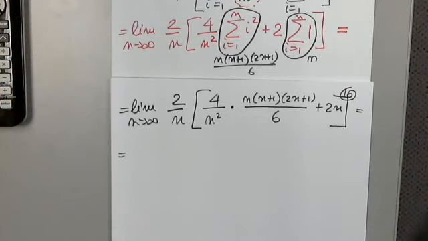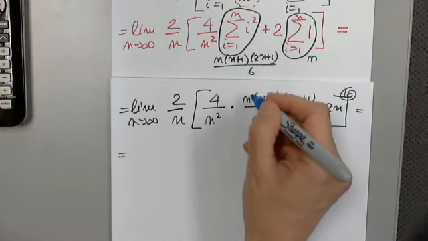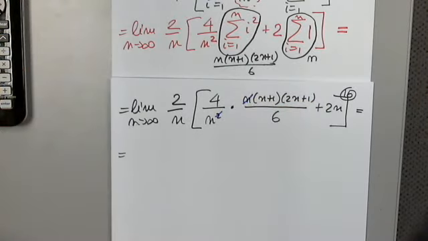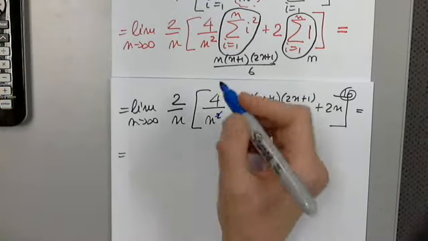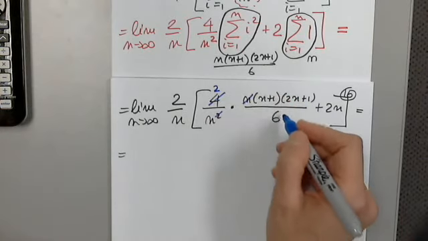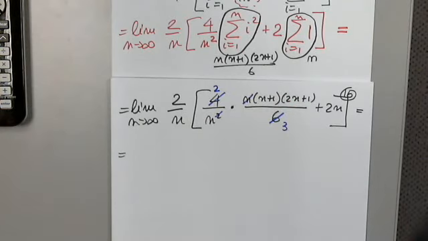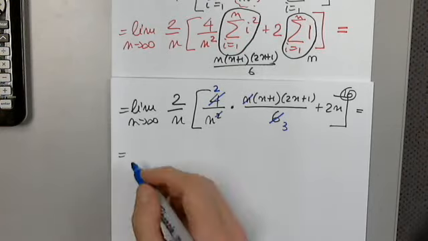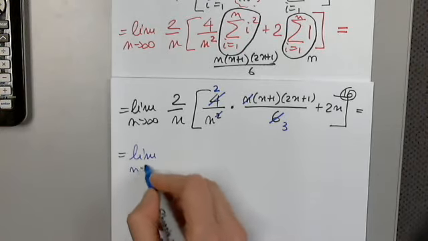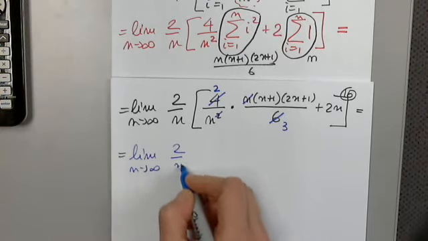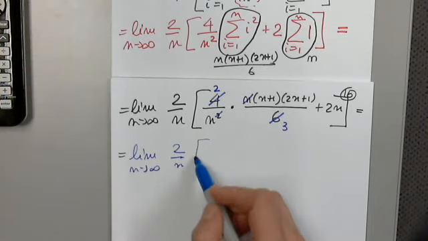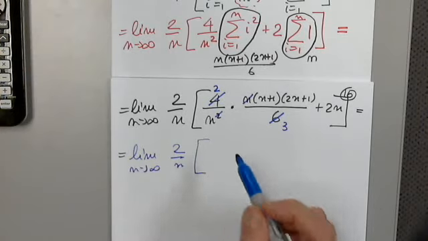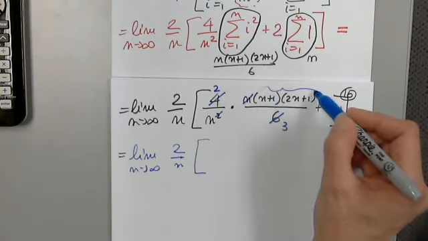Now I look in brackets and see if I can simplify anything. And I see I can simplify an n with an n, and I can simplify by 2 and get 3. I rewrite the limit as n approaches infinity of 2 over n. And in brackets I need to distribute these two.